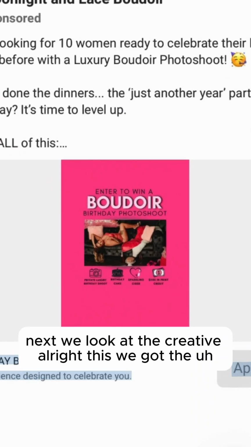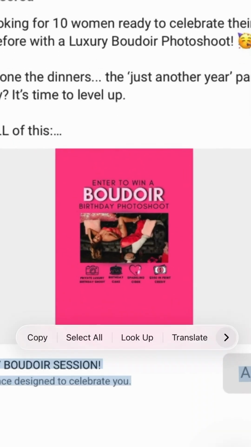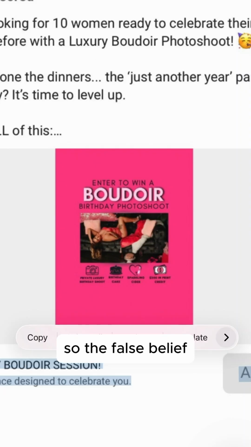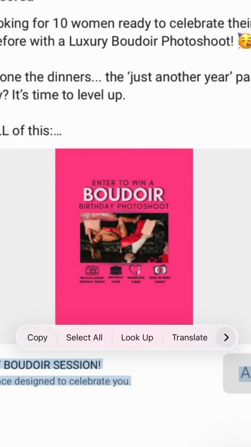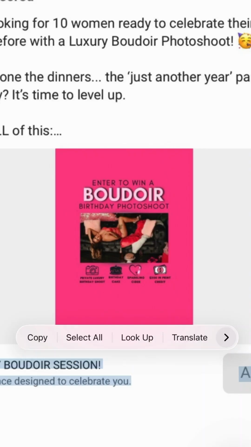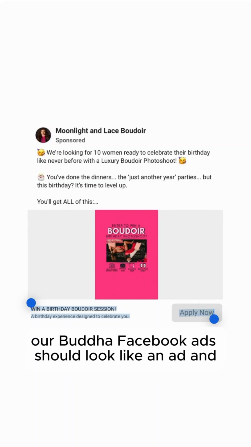Next, we look at the creative. All right, looks like an ad mistake. So the false belief that causes us to make this mistake is that we believe our Boudoir Facebook ad should look like an ad.